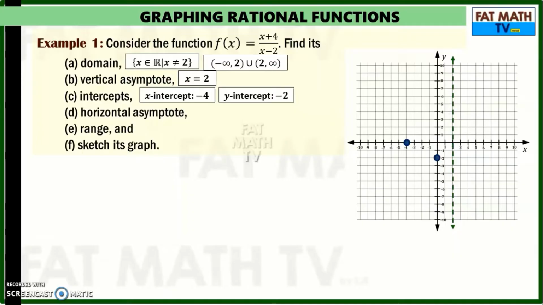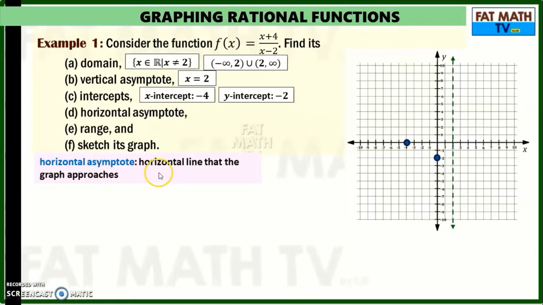For the horizontal asymptote, the horizontal asymptote is a horizontal line that the graph approaches. Meaning to say that will be the value of the function as you make your x value decrease or increase without bound.